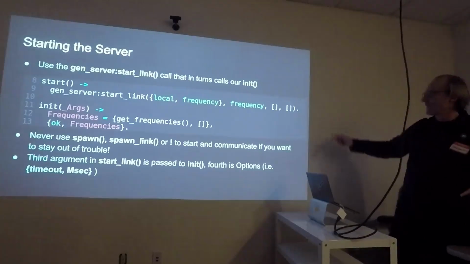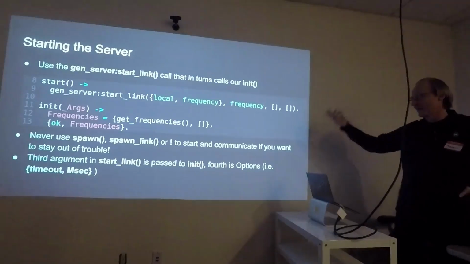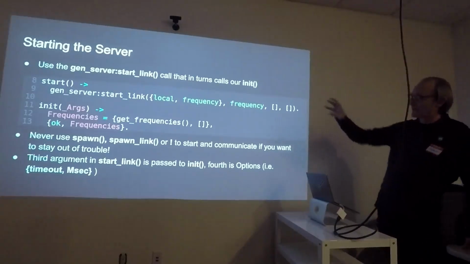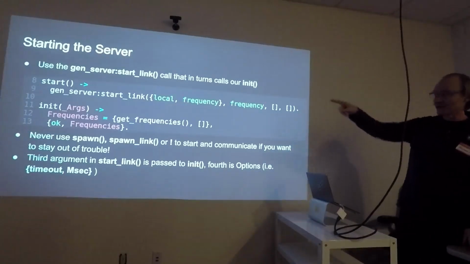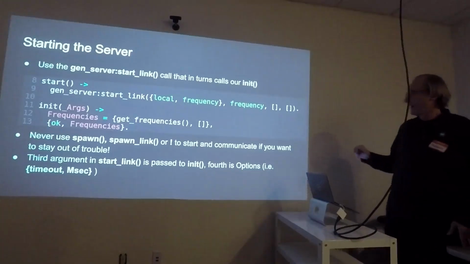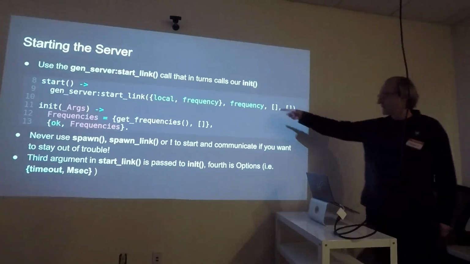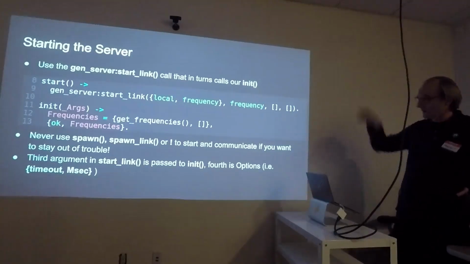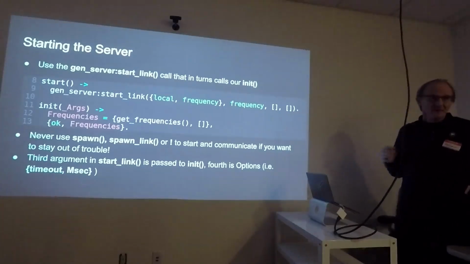In the gen server, the first argument is the name of the module. My module name is actually frequency. It's running on the local server. It can be running on a cluster. The name of the package here again is repeated, the name of the module, and then there are two extra arguments that I don't use.